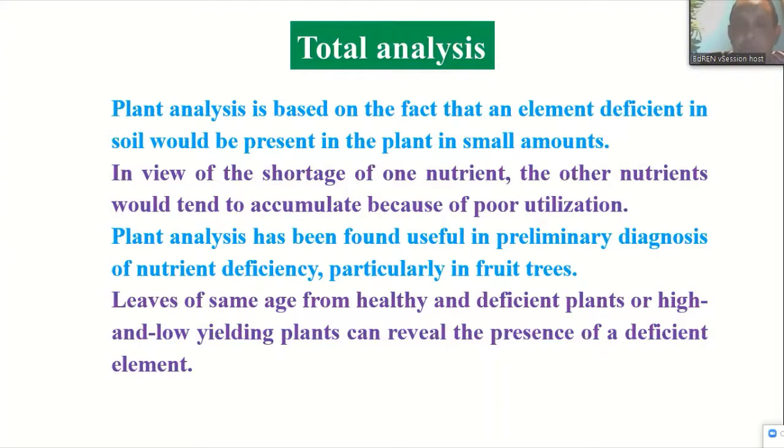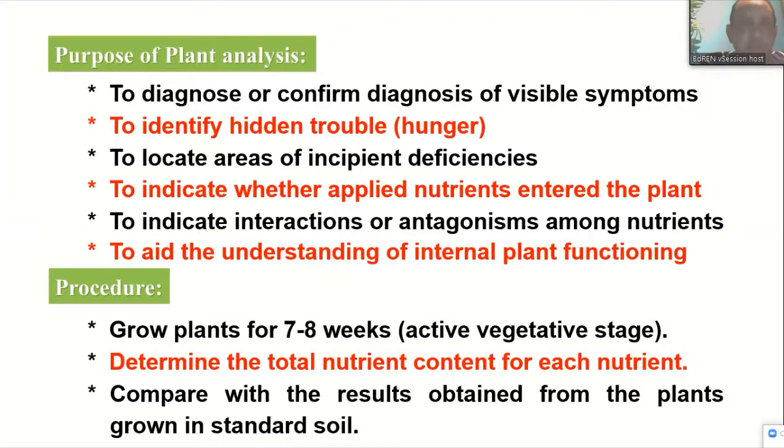For example, we want to perform high yield or low yield or medium yield. That also should be considered during total analysis. So what are the purposes of plant analysis? That means total plant analysis.